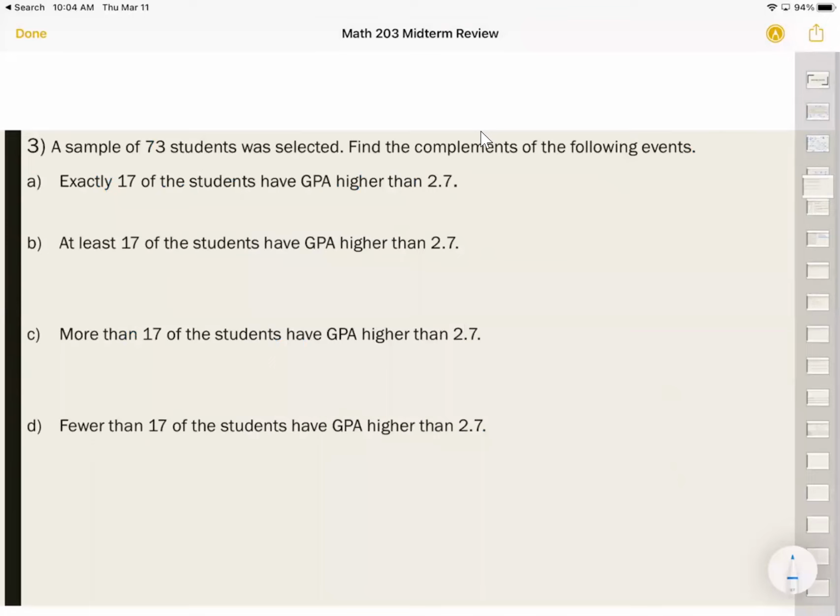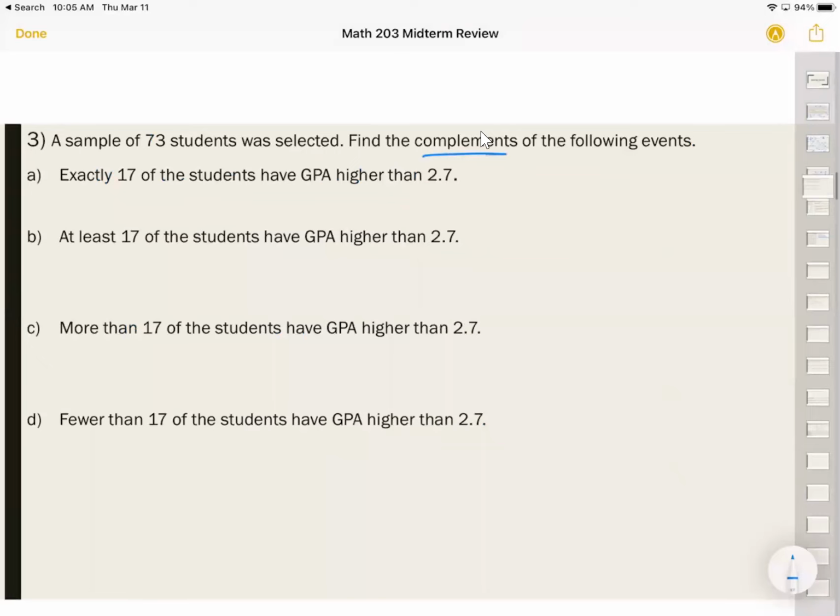We go back to chapter 3, where they ask you to find the complement of the event. That's tricky, and this is the word that you need to look at in this item here.